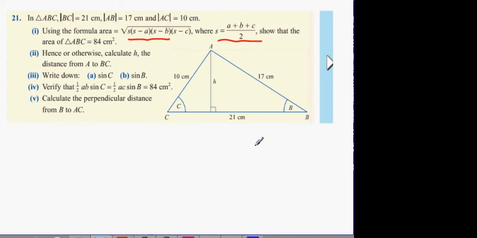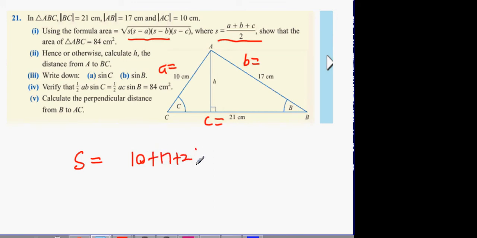S is all the lengths of the triangle added together and divided by 2. Okay? So what we're going to get is this. Let a be 10, b be 17, c be 21. Once again, it doesn't matter if the letters are different. And here's what we're going to get. 10 plus 17 plus 21 all divided by 2. Can somebody have that? 24.